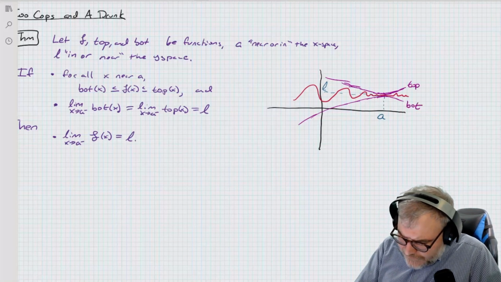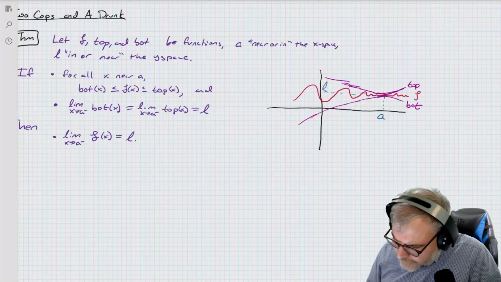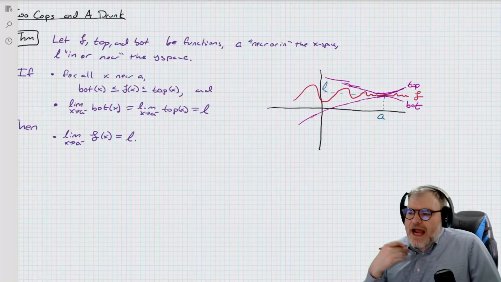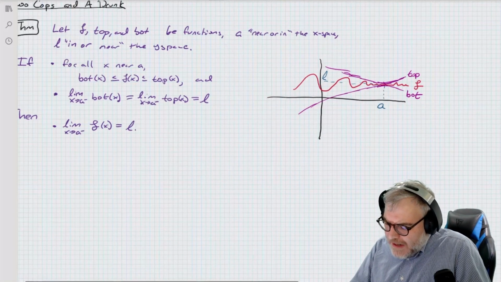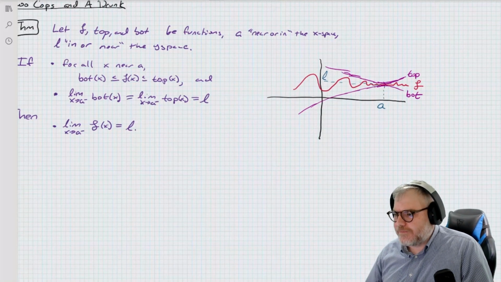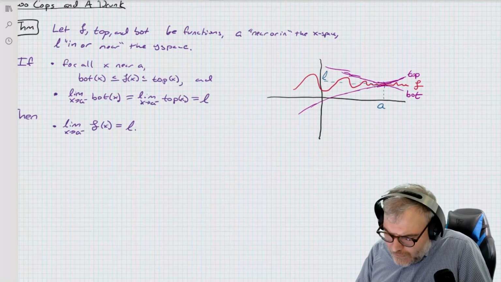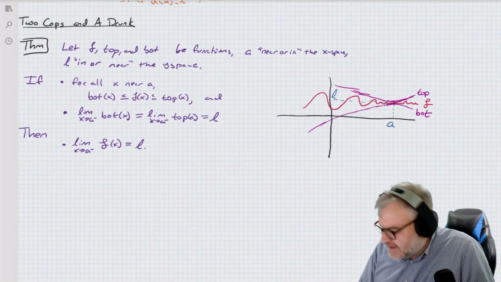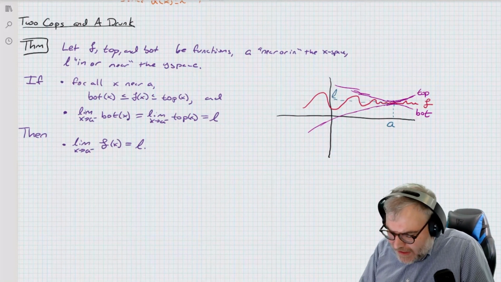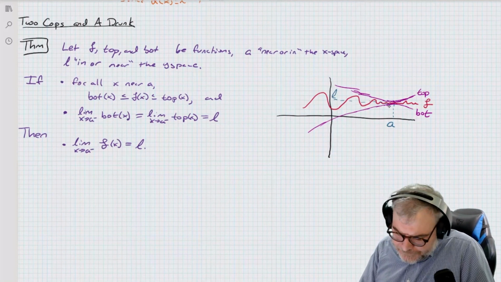And this is f. And here's what I memorize. I memorize this picture. I have a top, I have a bot, and I have an f stuck in the middle. Now, for all x near a, top is on top, bot is on the bottom, and f is trapped between.